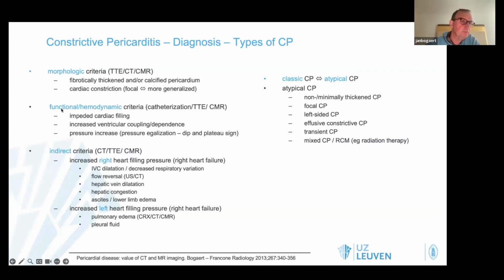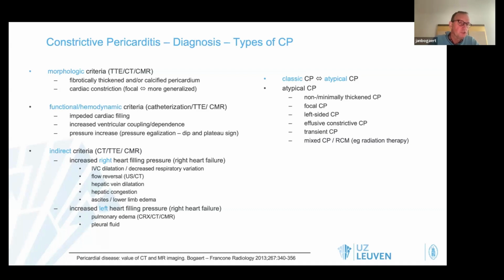A next criterion is looking at the function and hemodynamics. If you have a constrictive pericarditis, this means that cardiac filling is impeded. So we should look at signs that indicate that the filling is impeded.